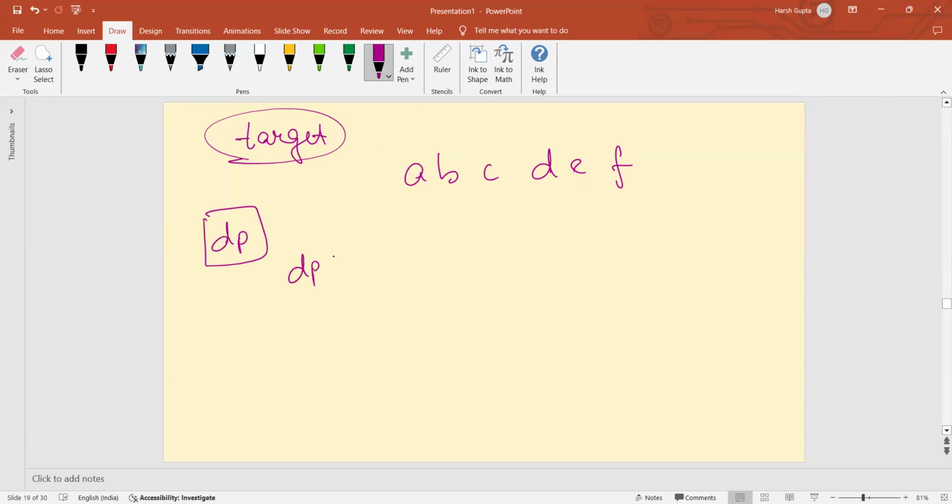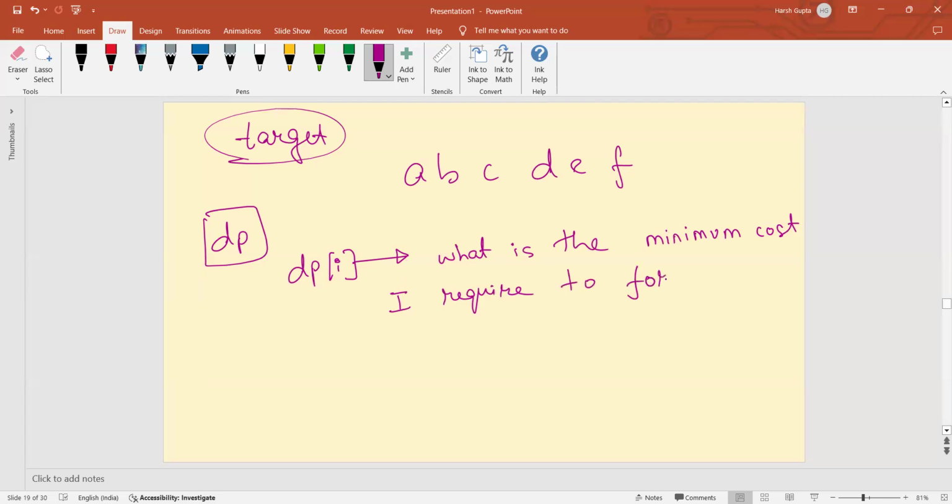And what is DP of i going to tell me? DP of i is going to tell me the minimum cost I require to form the target string with the first i characters.